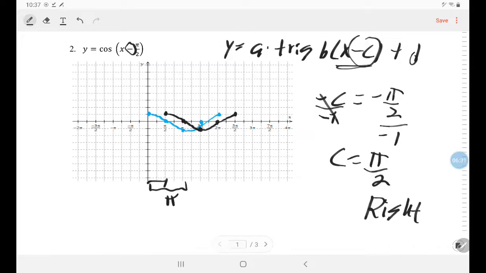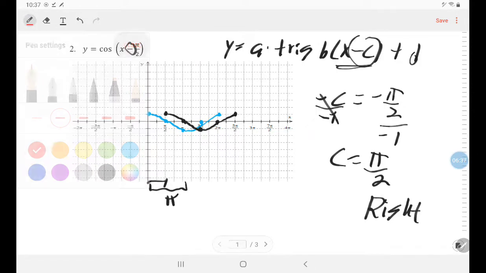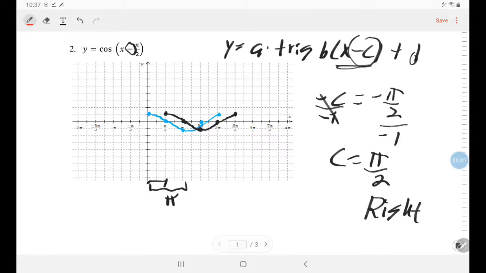Now, just for kicks, I know I only asked you to graph one cycle of the function, but let's go ahead and think about it. I know this is periodic. If I keep going with my new graph, it's going to go like here and here and here. It's going to keep going. Where would this point at 1 be if I went back pi over 2 to the left? Well, it'd be right here at 0.